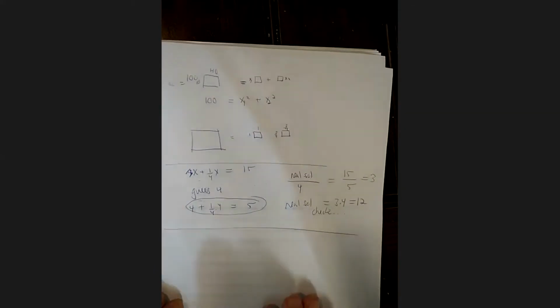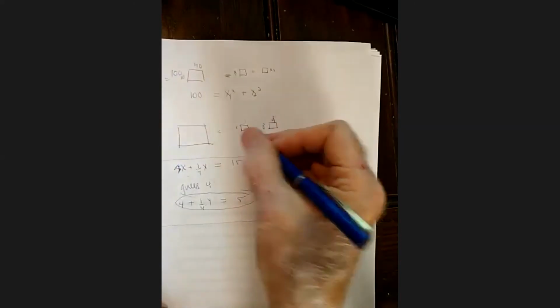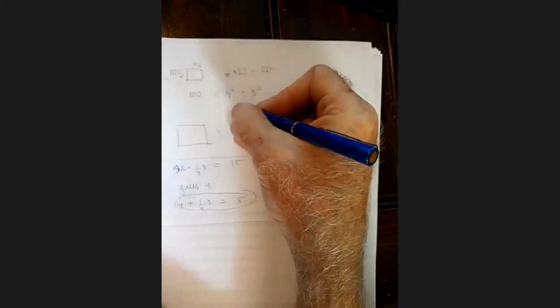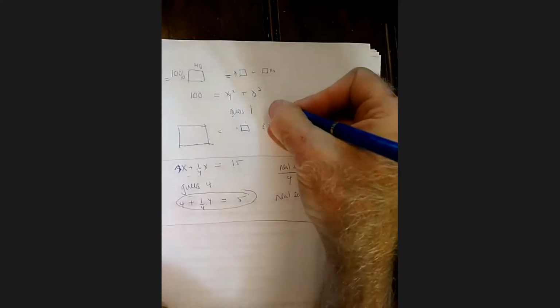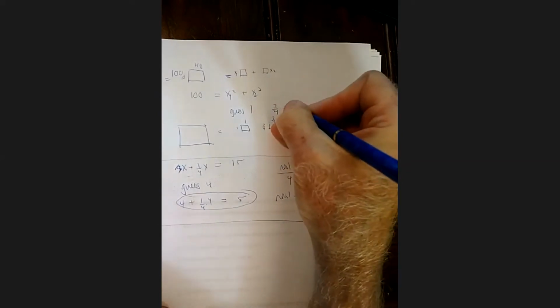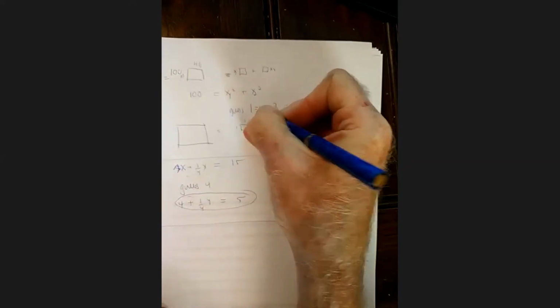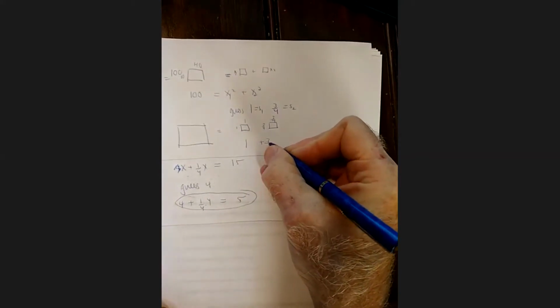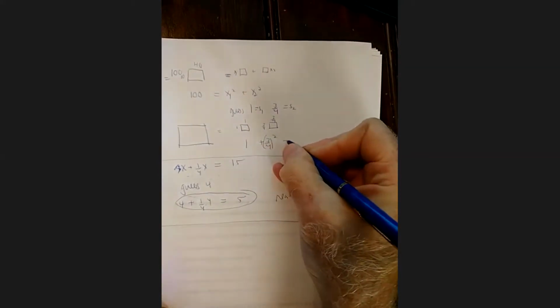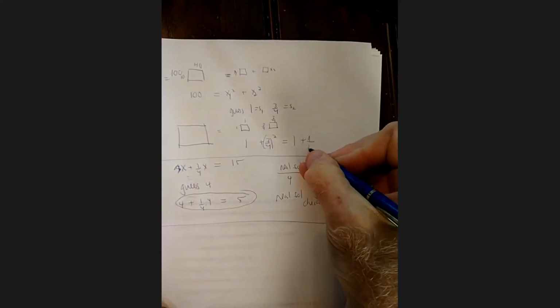So I want to look at this in the same light. So here are our two guesses, 1 and 3/4 for our sides. I'll call them S instead of x. And so what we get is 1 squared plus 3/4 squared. That's going to be 1 plus 9/16, and that's going to be 25 over 16.